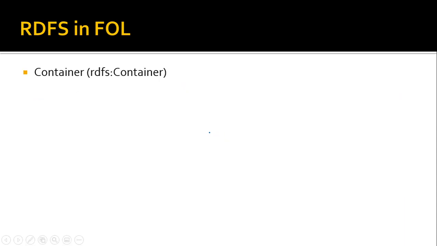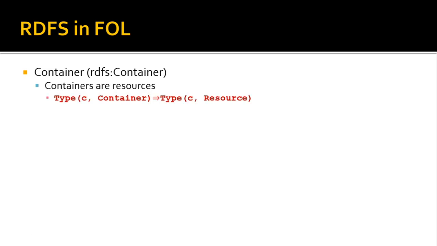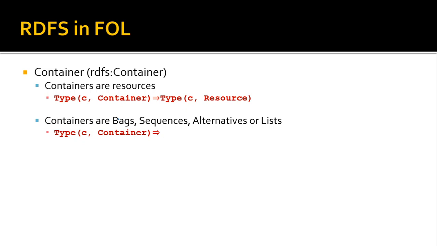Now let us focus on the containers, right? Now the containers, they are resources, right? Everything is a resource. I can say if C is a type of container, C is also a type of resource, right? How do you model that containers are bags, sequences, alternatives, or lists?